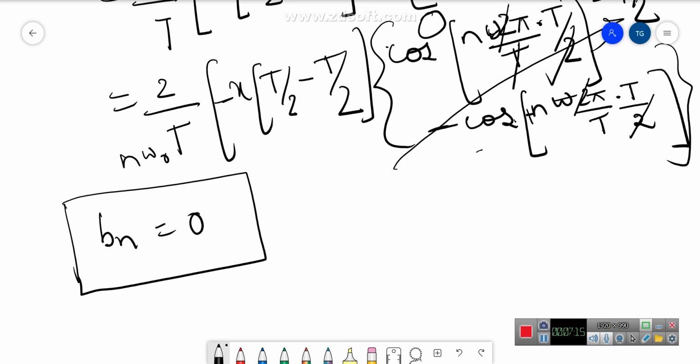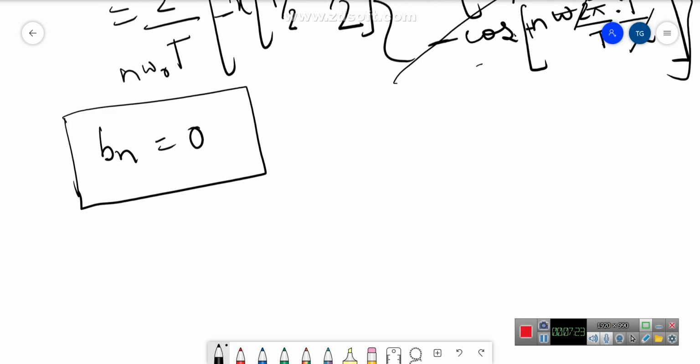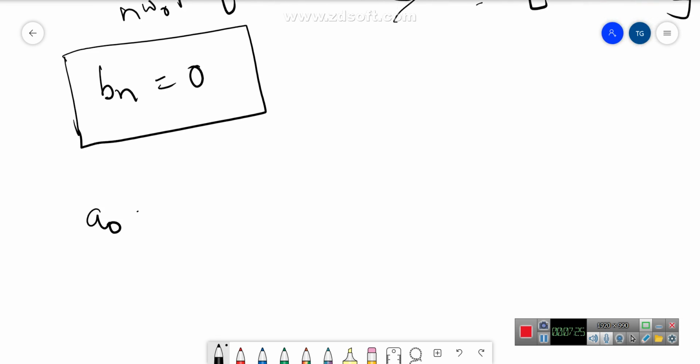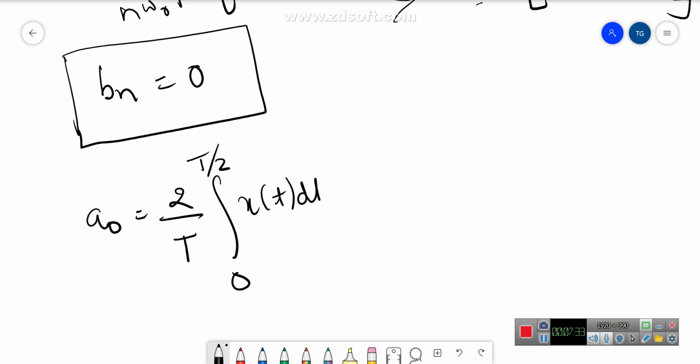So when even or mirror symmetry exists, the trigonometric Fourier series coefficients are: a naught equals, as we have just evaluated, 2 by T integral 0 to T by 2 of x of t dt.